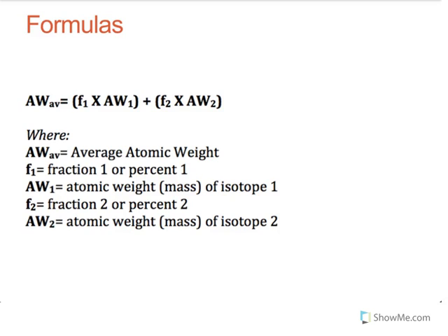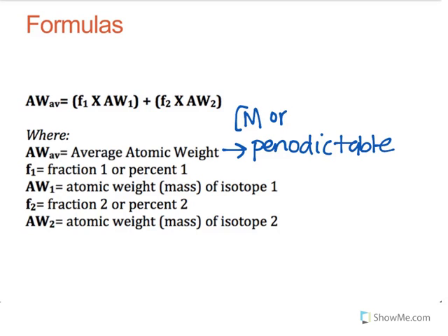And underneath here, I've defined these variables where average atomic weight is usually equal to the number you see on the periodic table. So that would be your mass number, M, or your molar mass, or your AMUs per atom.